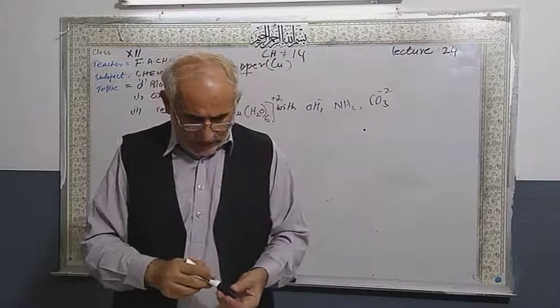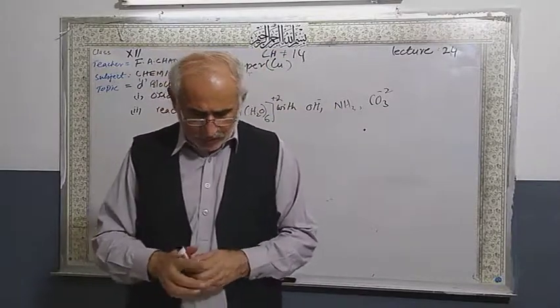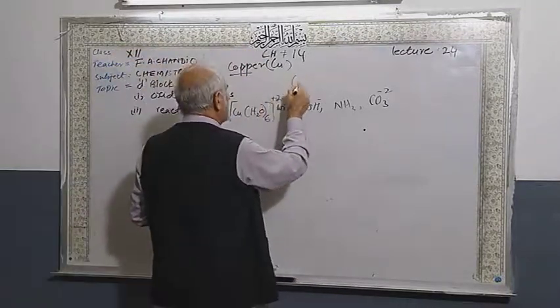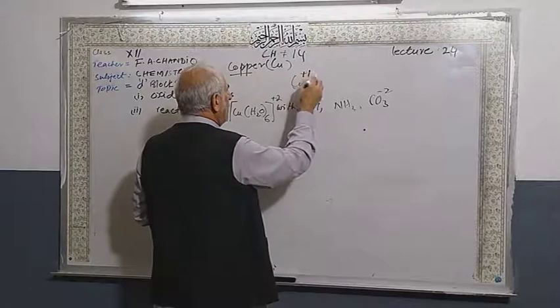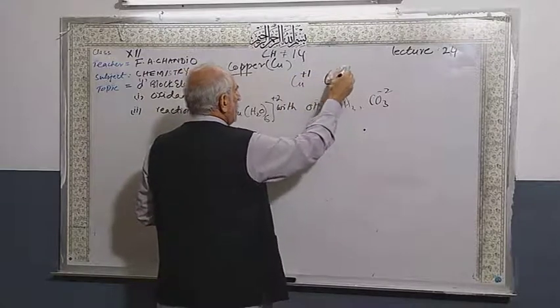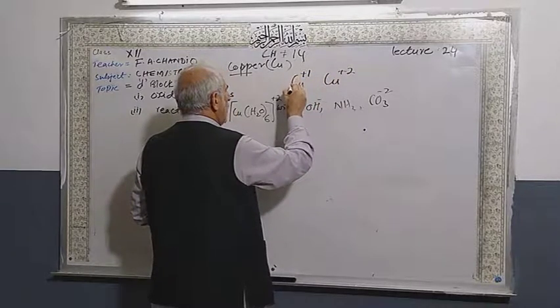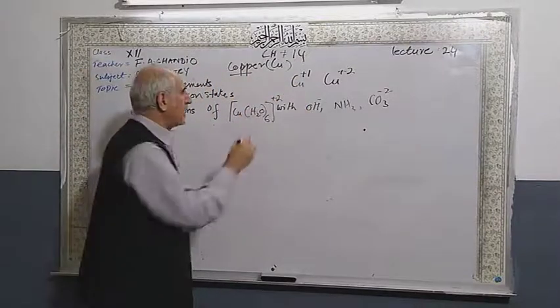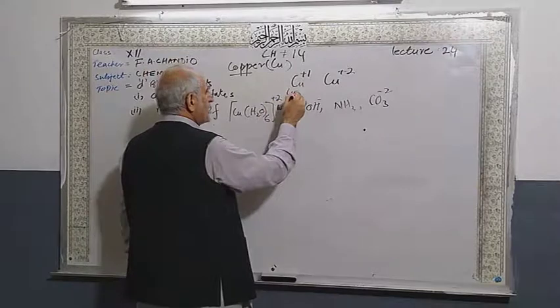So students, mostly copper exists in two oxidation states, copper 1 and copper 2, in general cuprous and cupric.